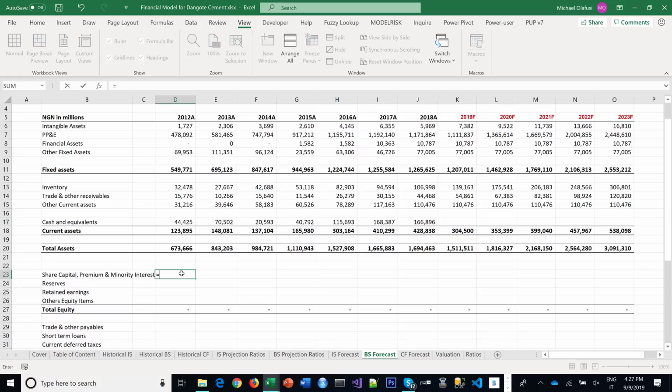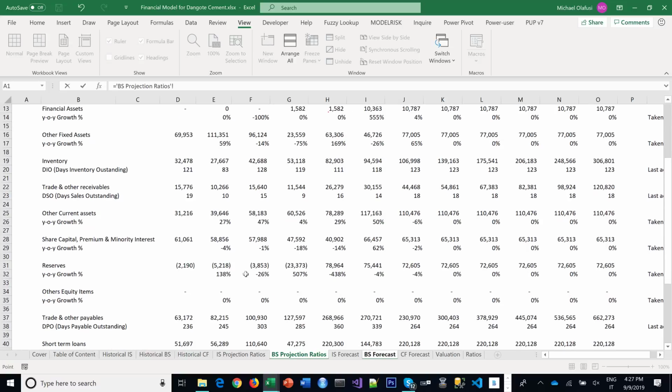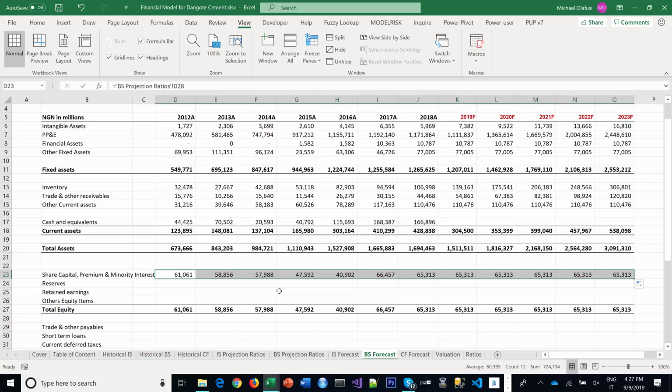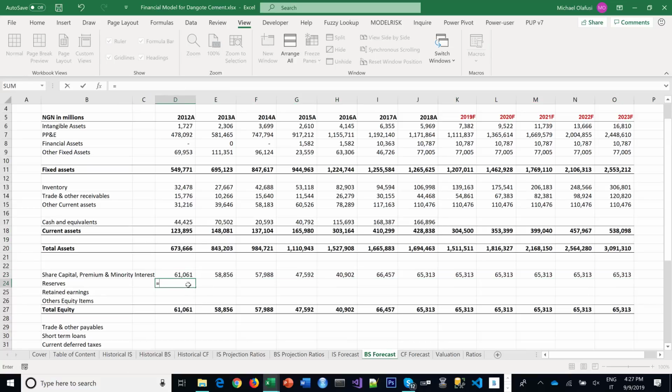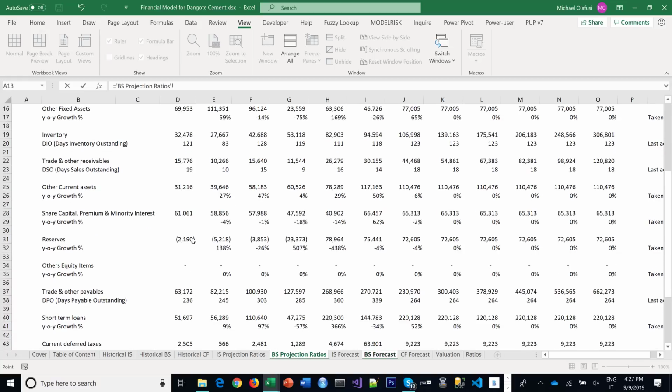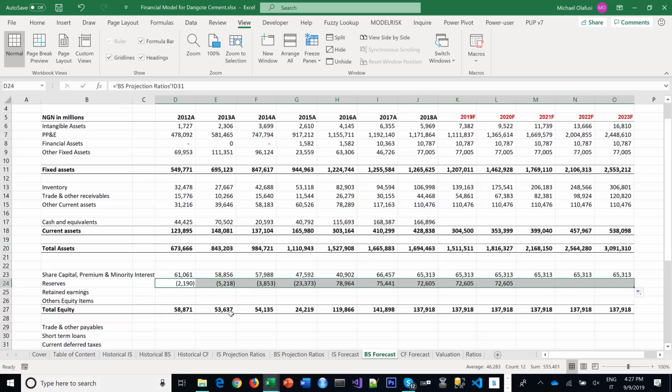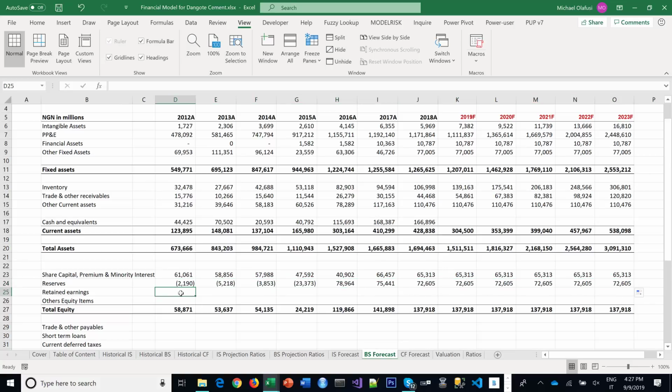I continue with the share capital. Share capital, I pick, I drag into the future. The reserves, I pick, and then I drag into the future. The retained earning, so likewise for retained earning, I will have to go and pick from history.